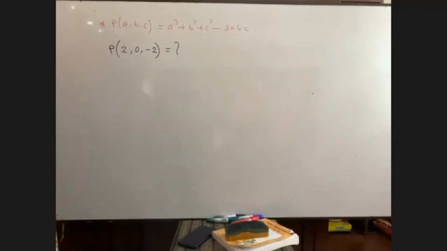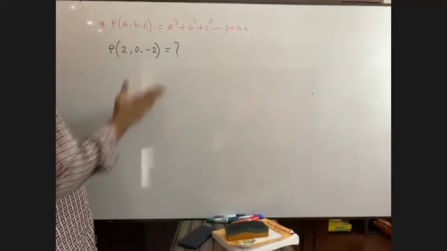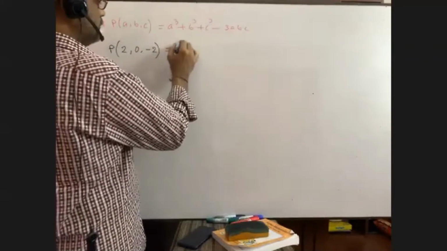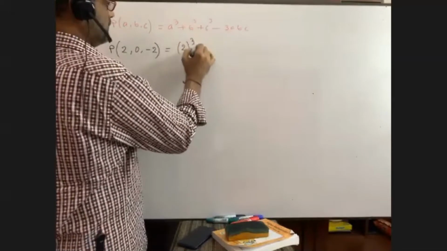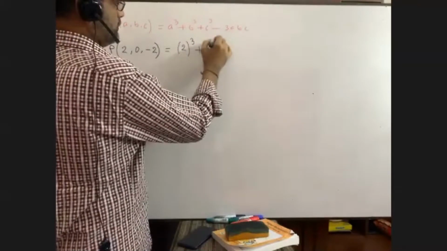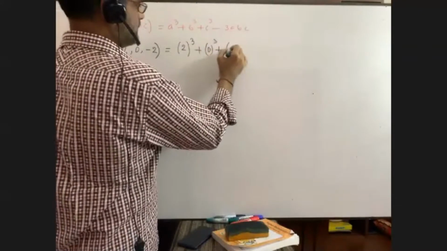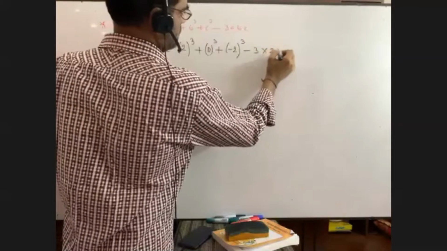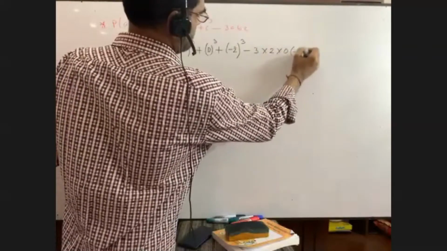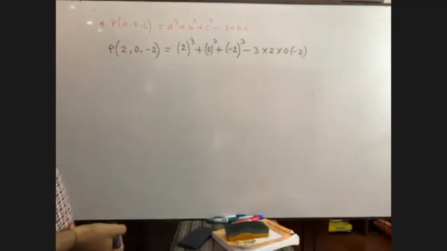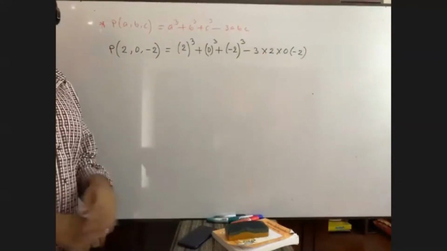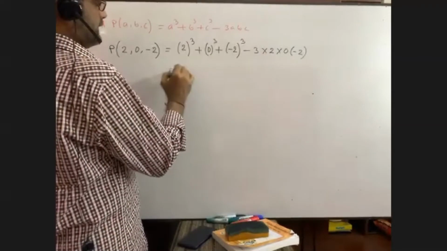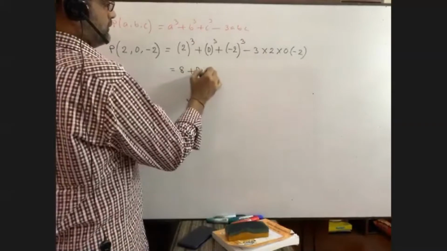The value of A is 2. So do it. A equals 2 whole cube plus 0 cube plus minus 2 whole cube minus 3 into 2 into 0 into minus 2. Now you calculate. What will be the result? 8, 0, minus 8.